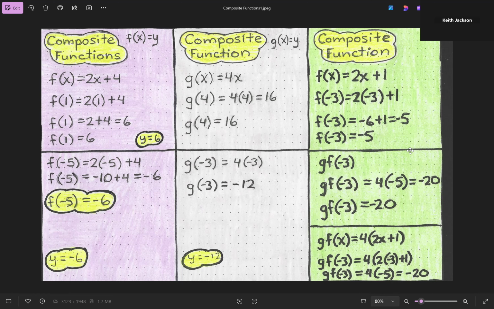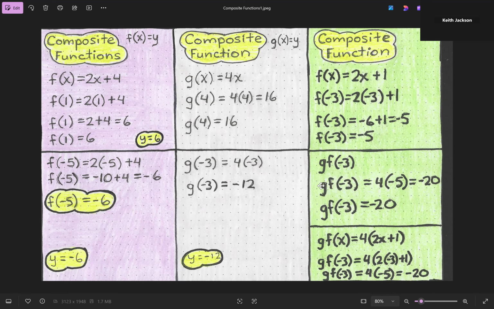All right, now watch this. Now, what is g of f of -3? Oops, now it gets a little bit different, right? So now all we have to do in this case, because this is the output, is plug in that output right here. We have g of x is equal to 4 times x, and that's all we're going to do.